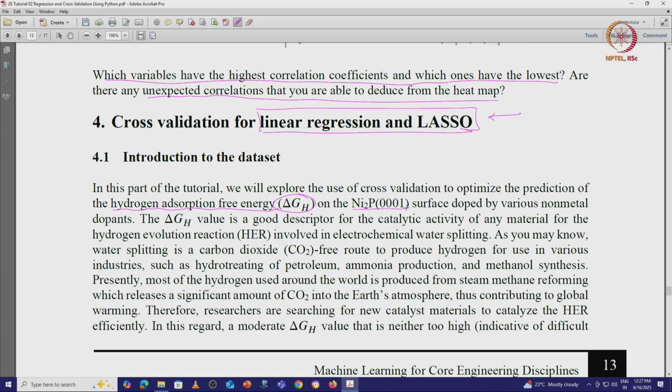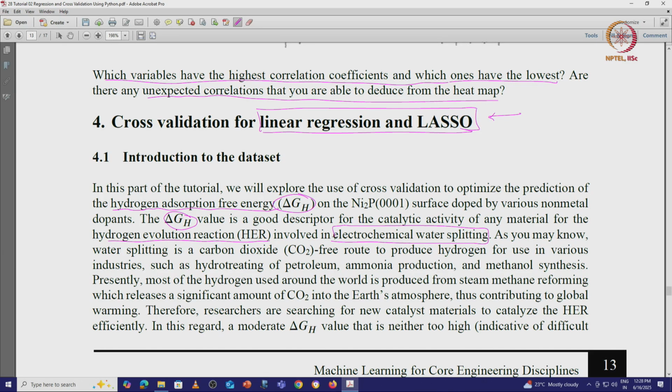And why we are interested in this delta G of hydrogen adsorption, the Gibbs free energy of hydrogen adsorption, is because this value is a good descriptor for the catalytic activity of any material for the hydrogen evolution reaction. This reaction is very important in electrochemical water splitting.